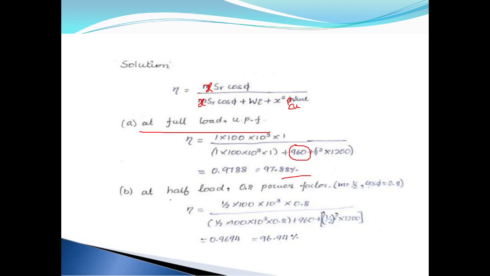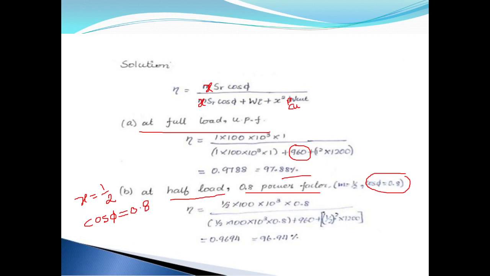At half load condition, x is equal to 1 by 2, and power factor is 0.8, meaning cos phi is equal to 0.8. So I'm substituting the corresponding values in the formula.